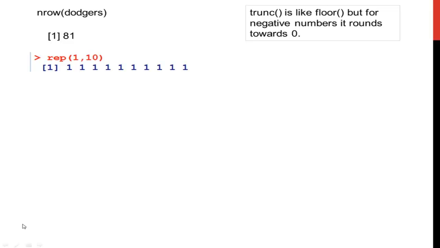Now try trunc on 3.8. What do you get? 3, right? Now try trunc on 3.3.